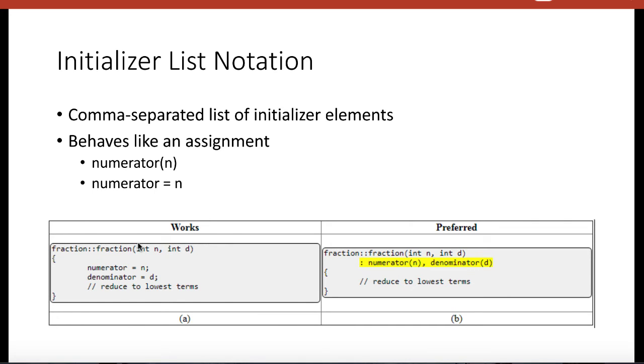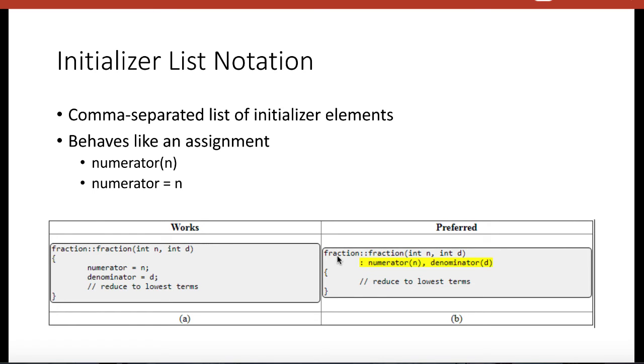A little off topic, but just a reminder. Then we have our two variables that we're passing in, and here we are setting our class members equal to those variables. So this works. You can do stuff like this, and people do it. But this is the preferred method.